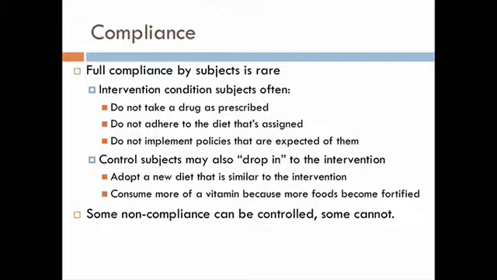So you can start to see situations where people in your control condition start to look like people in the intervention condition. In both cases, whether it's your intervention people not doing what you asked of them or your control people doing what you don't want them to do, your intervention and your control conditions start to look more similar. Whatever effect, if any, your intervention is having, you're only going to see a little bit of it because your two groups are really not as different from each other as you'd like them to be.